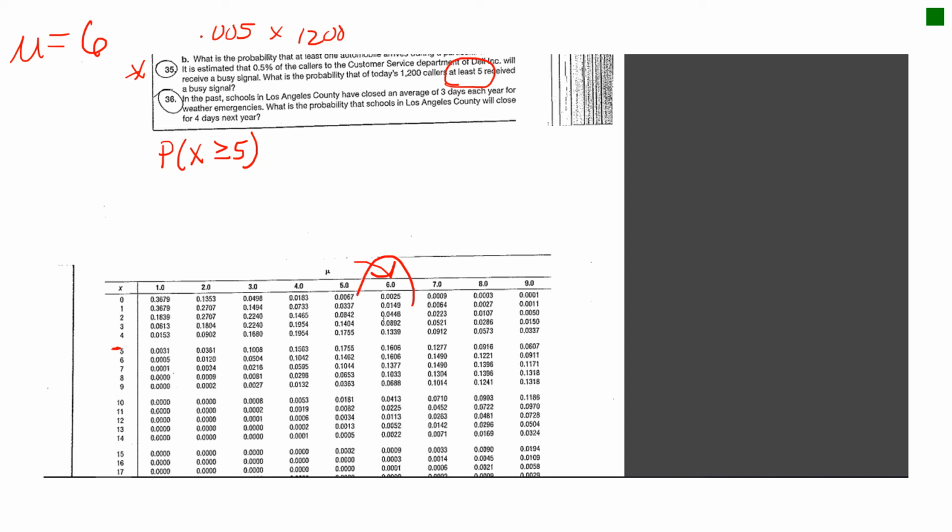Quite literally, what you're going to have to do, I'm going to circle these first ones, you're going to take 1 minus 0.0025 minus 0.0149 minus 0.0446 minus 0.0892 minus 0.1339, and that'll give you the cumulative probability of 5 or more. So again, that's how you would use the Poisson table to get this cumulative probability.